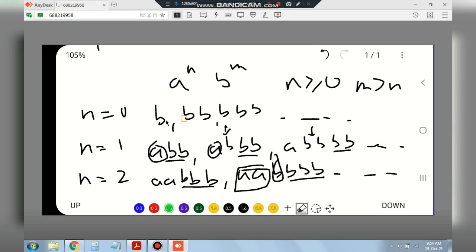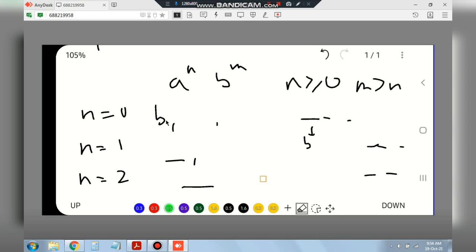We can write this as b and b star only, right? Because b star means 0 or more b's, so it will have b, bb, bbb, and b followed by n number of b's. So this is b b star, and this will be bb and then b star, and this will be 3 b's and then b star, right?